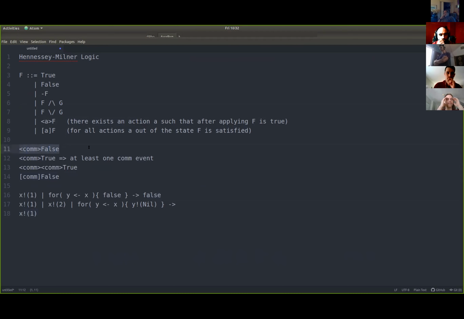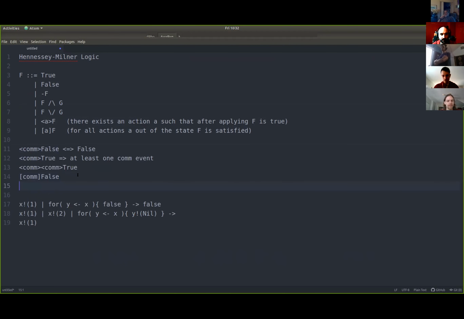The formula on line 11 says there exists a COM and the post state satisfies false. And in 18, there doesn't even exist a COM, so I say no. Yeah, I would also say no. And like I said, this one is literally equivalent to false, so literally nothing should satisfy this formula.